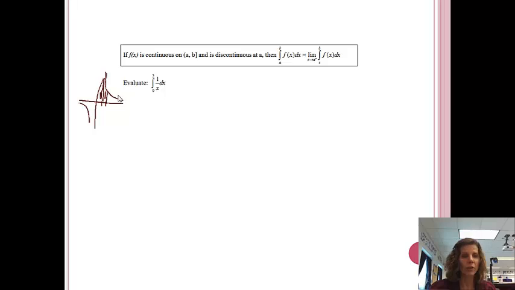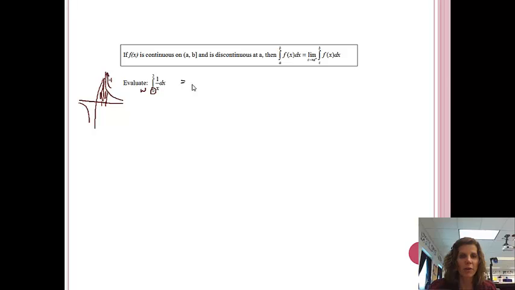The way that we're going to be handling that is we are going to be approaching the discontinuity, because as I'm coming in, it's going to go from 0 to 2. I'm going to be approaching that discontinuity from the right side, from the positive side. So we are going to be replacing the 0, the part that has the discontinuity, with a letter, and I will again be using the letter W, and we're going to be finding the limit as W approaches that discontinuity from the right side.